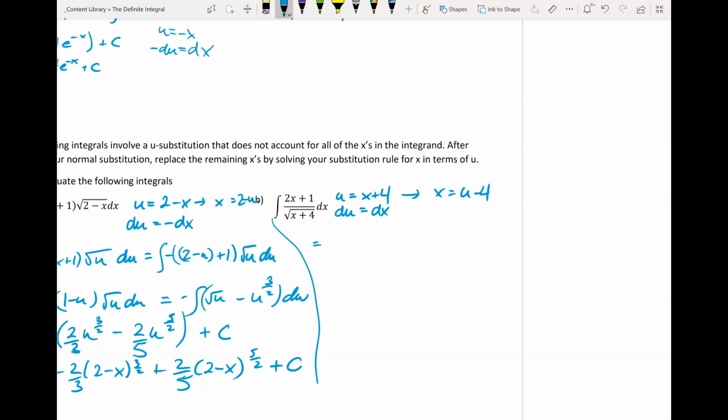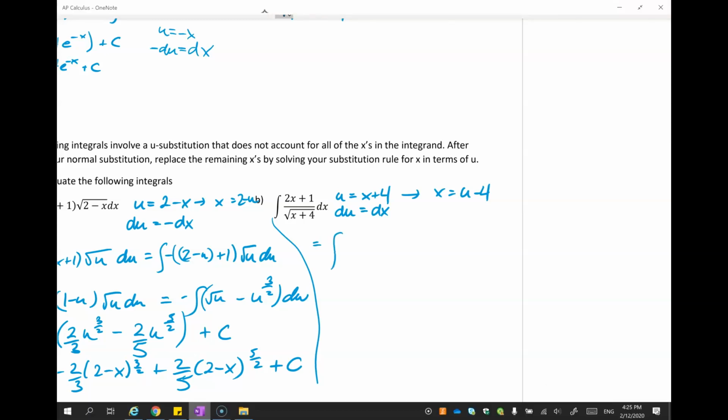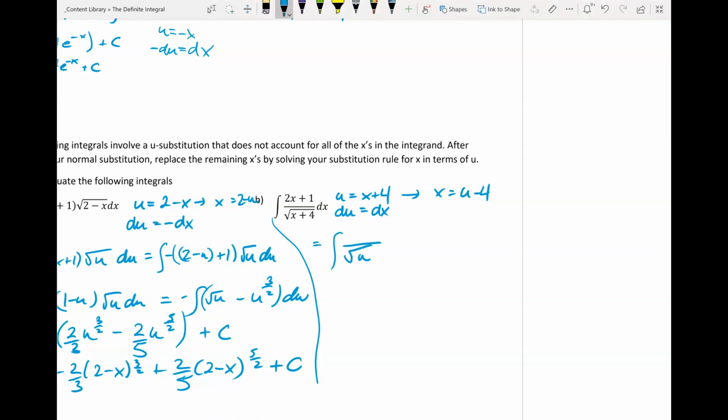Okay, so this integral then, if I do some replacing, it's going to be root u. The dx is just going to change to du. And then for your 2x plus 1, I'm going to put in u minus 4. So 2 times u minus 4 plus 1. And then simplify this. So that is 2u minus 8 plus 1 all over root u du.